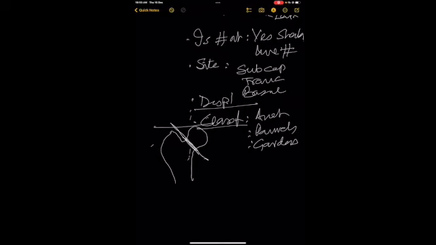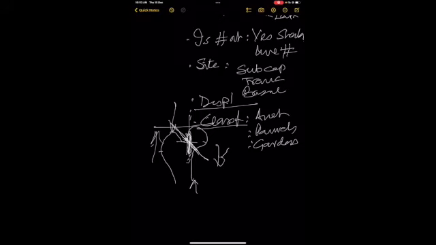If the fracture is more vertical, then the muscle force and the ground reaction force will cause a shearing strain. This will move up, this will move down. If the fracture is horizontal, these two forces will create compression. Otherwise, they'll create a shearing stress. So this is Pauwels' angle.